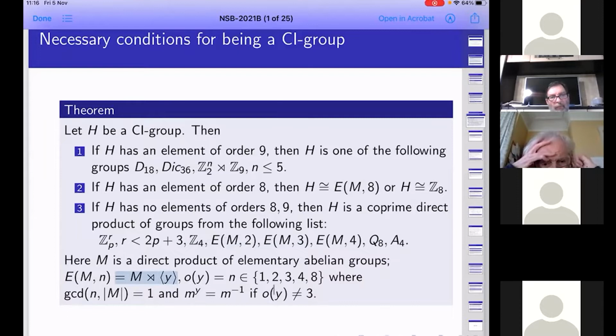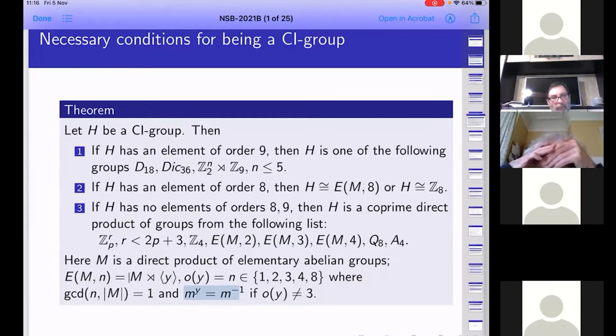If N is 2, 4, or 8, then Y inverts the elements. But if the order is 3, then this semi-direct product is a special type of Frobenius group.